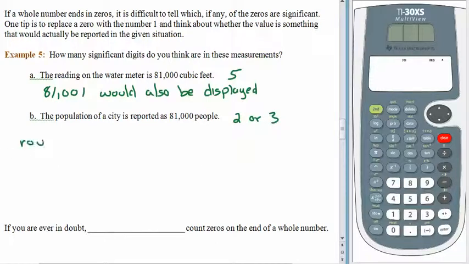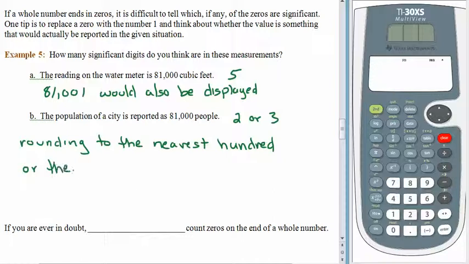That rounding to the nearest 100 or the nearest 1,000 is sensible.